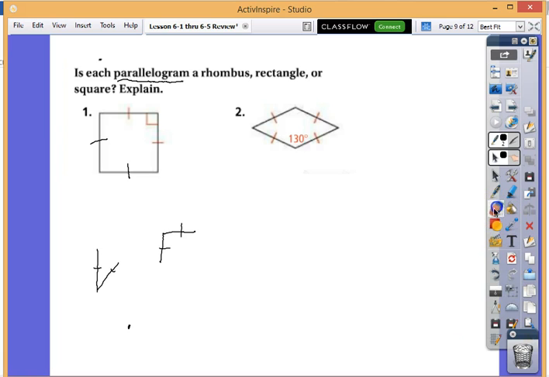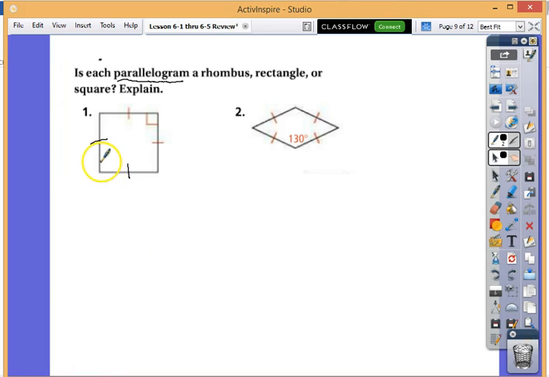All right. What else do we know about parallelograms? Well, the opposite sides are parallel. Yeah, I already got that marked. What else do we know? Give me something new. The angles equal 360. Yeah, give me something new. The diagonals bisect. Okay, give me something else. Opposite angles are 90 degrees. There we go.